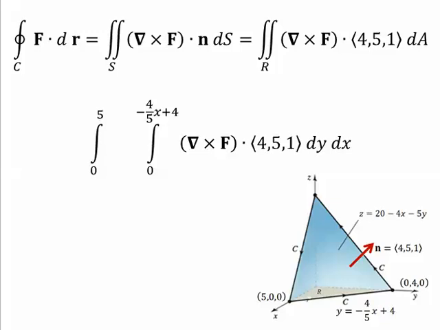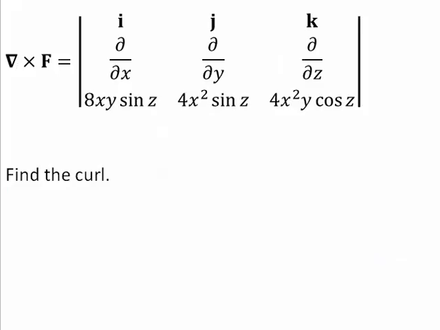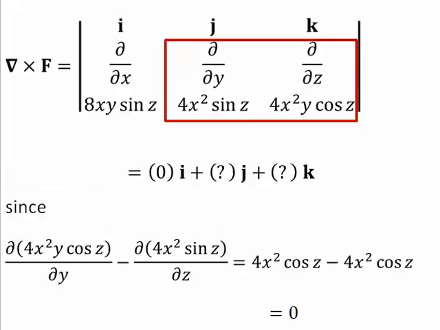We have found our region R, and the only thing left to do is to find this cross product. So the cross product is the curl, and so we are now in the job of finding the curl. The first component of the curl is 0.